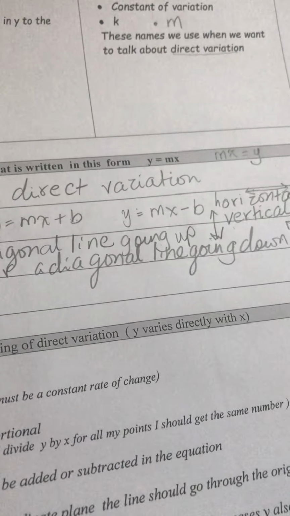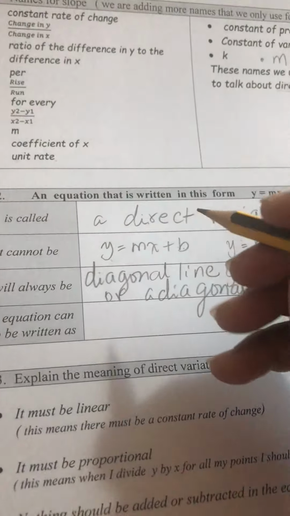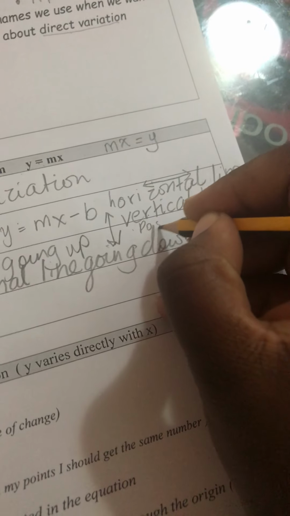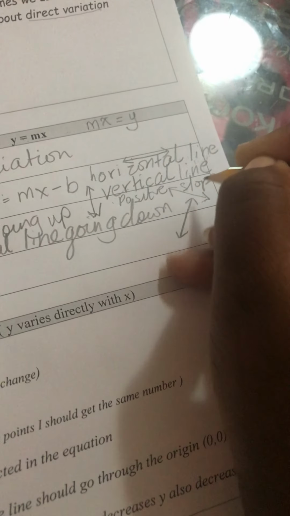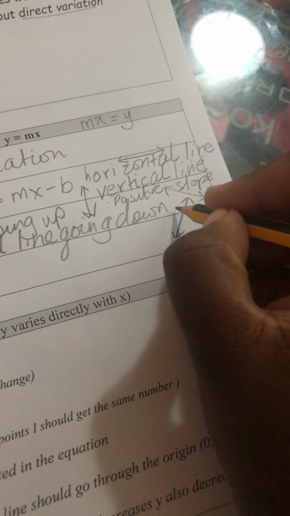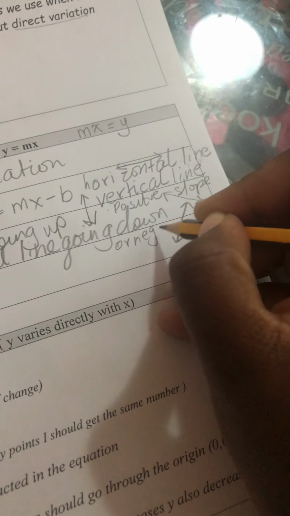The slope must be positive or negative. Okay? We should write that. Positive slope or negative slope only.